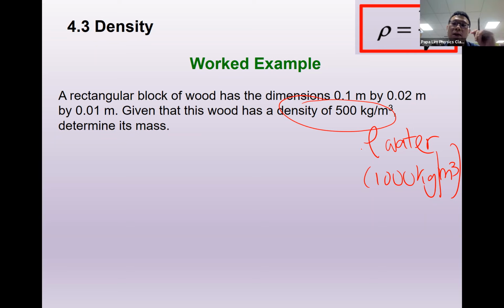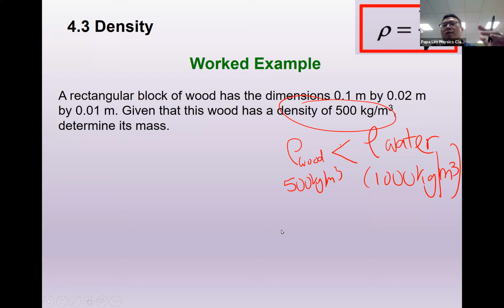If you look at these two factors together, you will be able to determine whether wood sinks or floats on water. Because the density of wood is lesser than water. 500 kg per meter cube is definitely lighter than 1000. And as a result, wood will float.